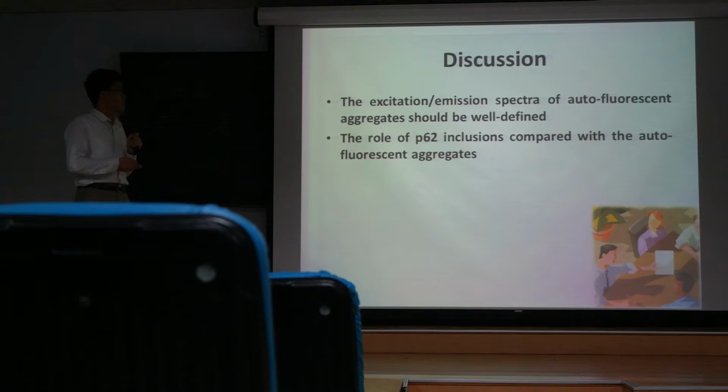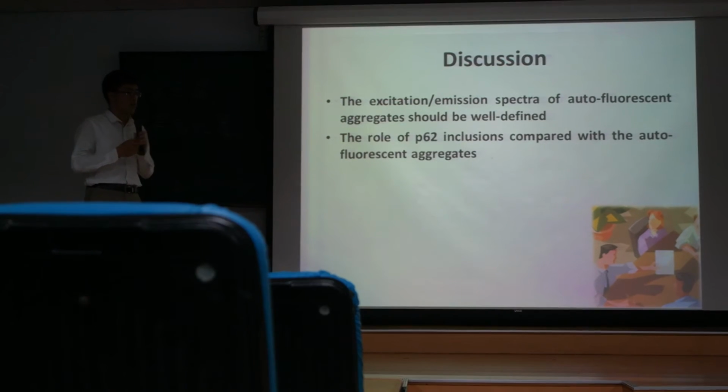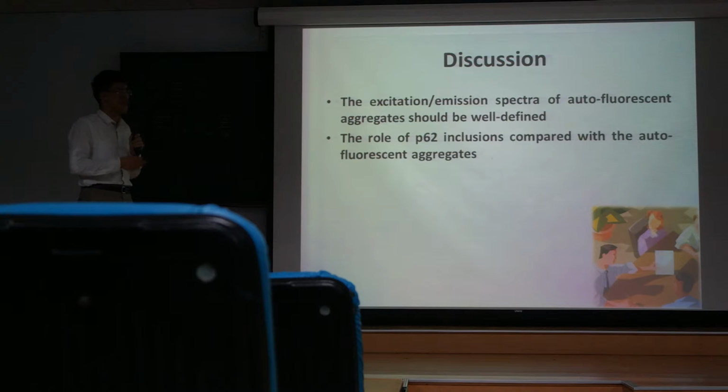Another question is what role the P62 inclusion plays in the FTD patient, because it's usually located in the hippocampus instead of the frontotemporal lobe, but the neurodegenerative area is in the frontotemporal lobe. So I wonder whether this inclusion has another kind of function instead of killing the neurons in the patient's frontal cortex.